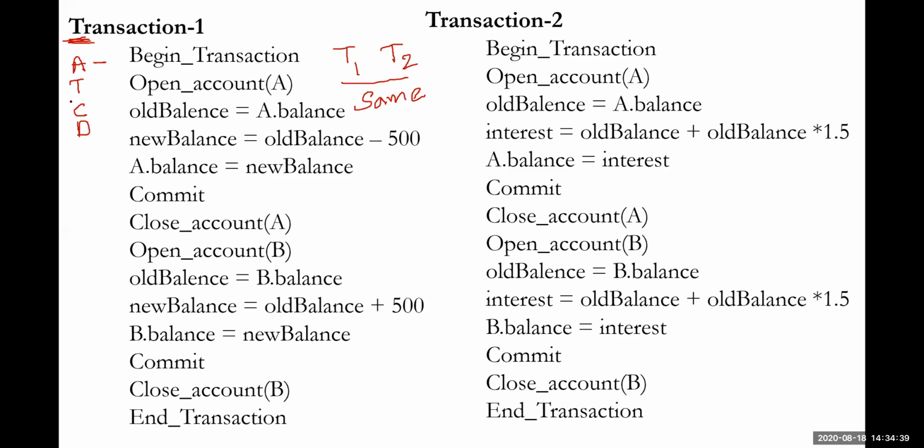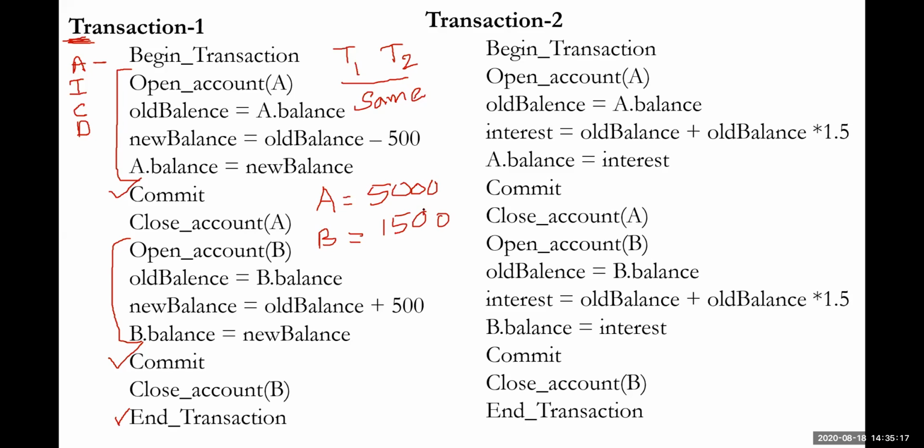Consistency. How can you consider it as consistency here? After updating the first account, it goes to the commit point, and then after updating the second account, it goes to the second commit point, and our transaction is over. Previously, for example, account A has some 5,000 rupees as the old balance, and B might have 1,500.